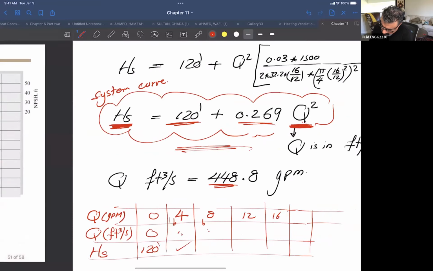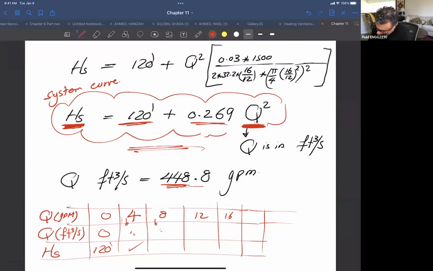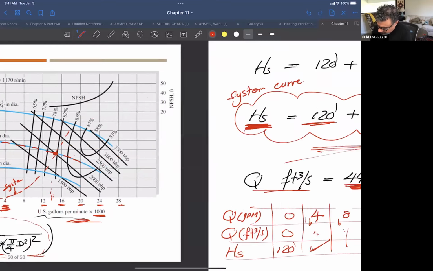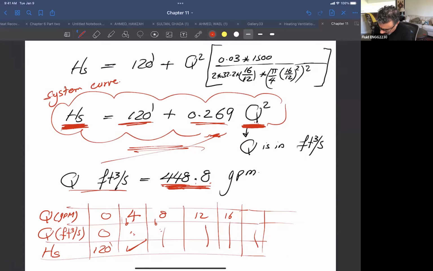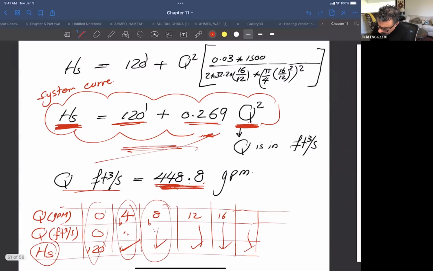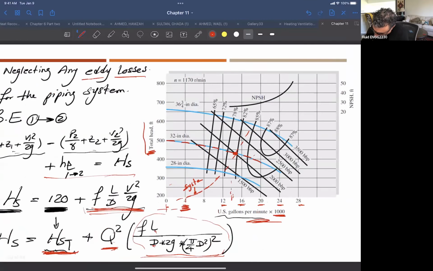So first convert the 4 gallons per minute by dividing by 448.8 to get feet cube per second, put it in this equation, and you get H system, and so on for 8, 12, and so on. Now for every single point you have an H system value. So for 0, you have this, for 4, you have this value. You plot this system curve on the same chart.